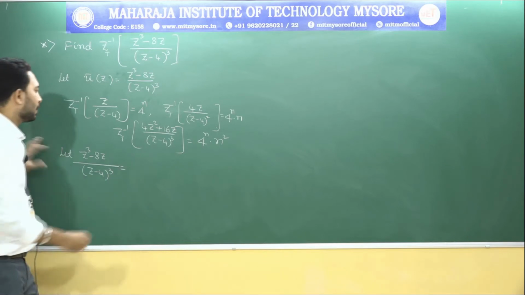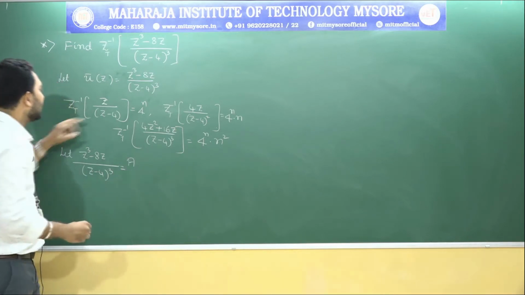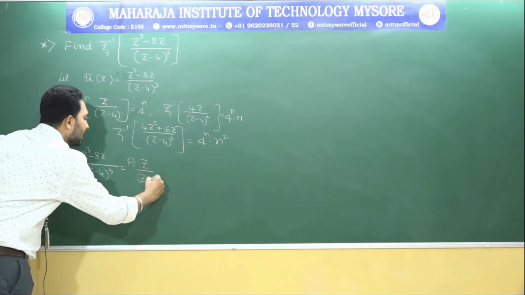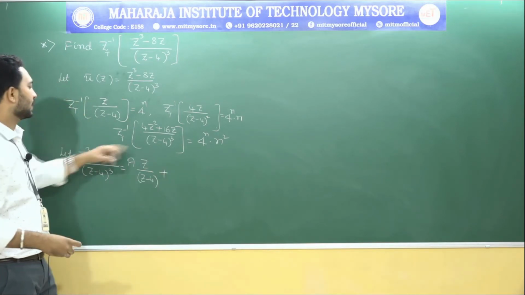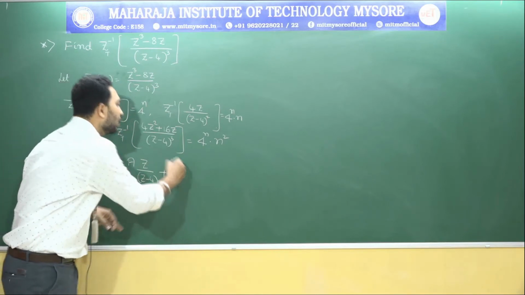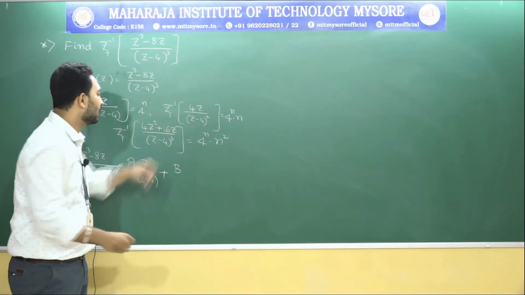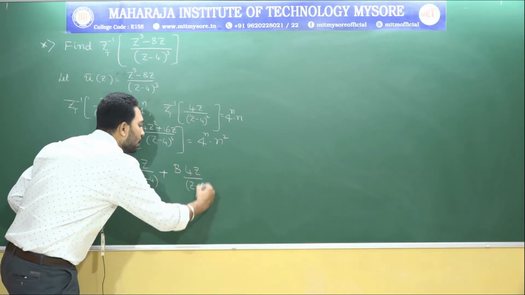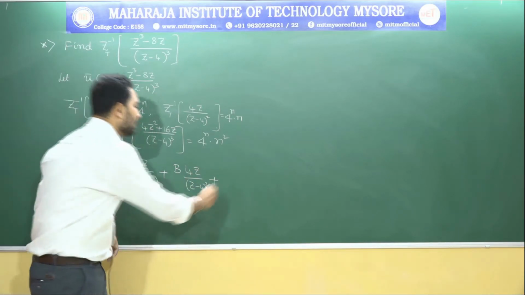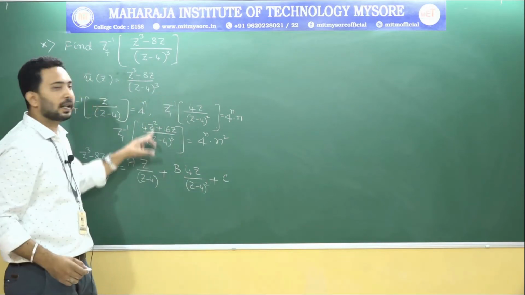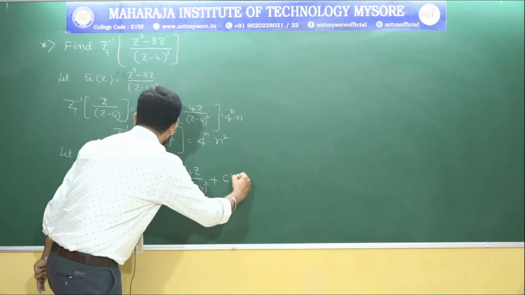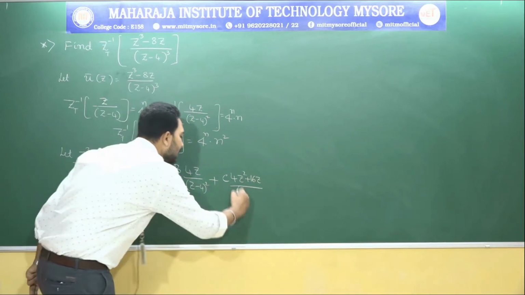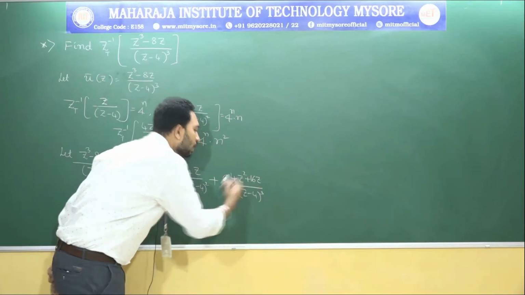After applying partial fractions, I can write a into z divided by (z minus 4), plus b into 4z divided by (z minus 4) whole square, plus c into (4z square plus 16z) divided by (z minus 4) whole cube.